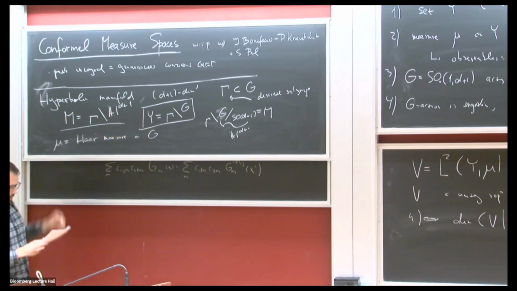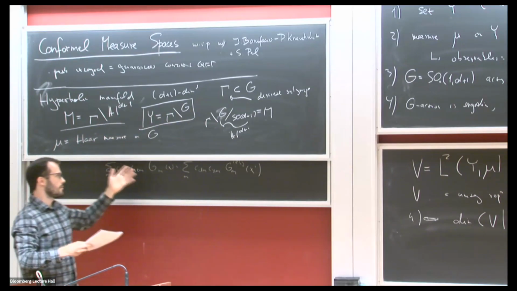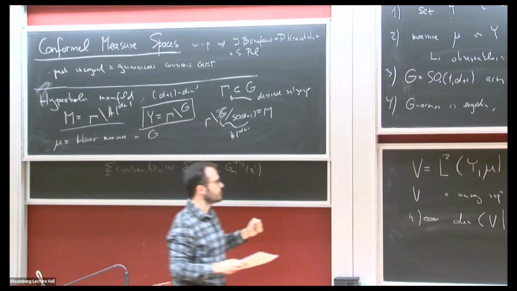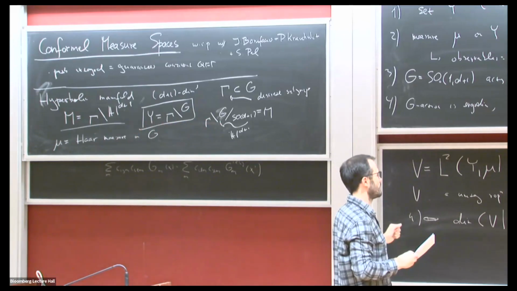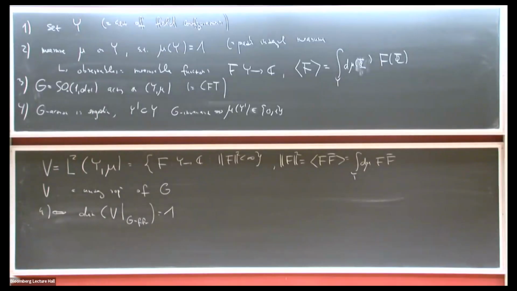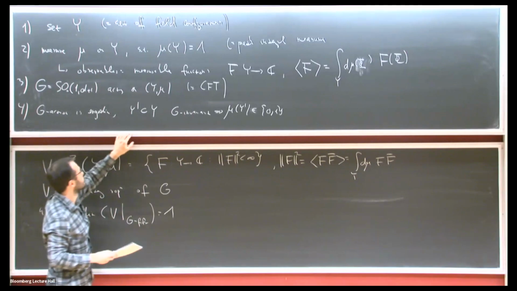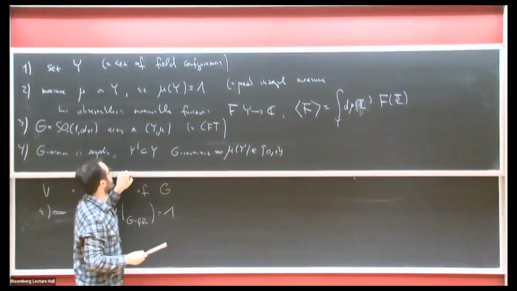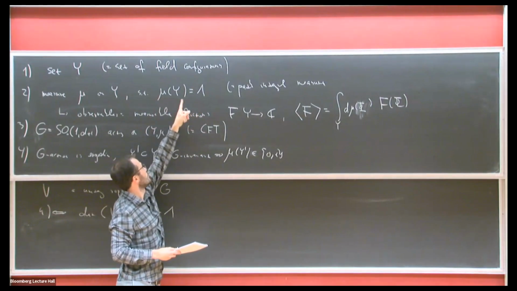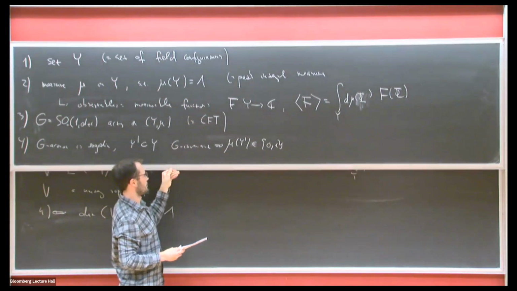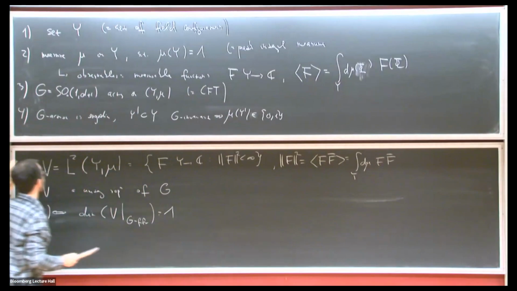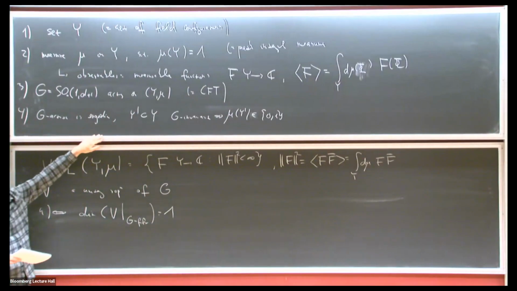So if the manifold has a finite volume, then the constant functions are normalizable, so they are inside the space. So finite volume you need for this condition, that mu of Y can be normalized to be 1, and the action is transitive, so in particular it's also ergodic. It satisfies all the conditions from 1 to 4.